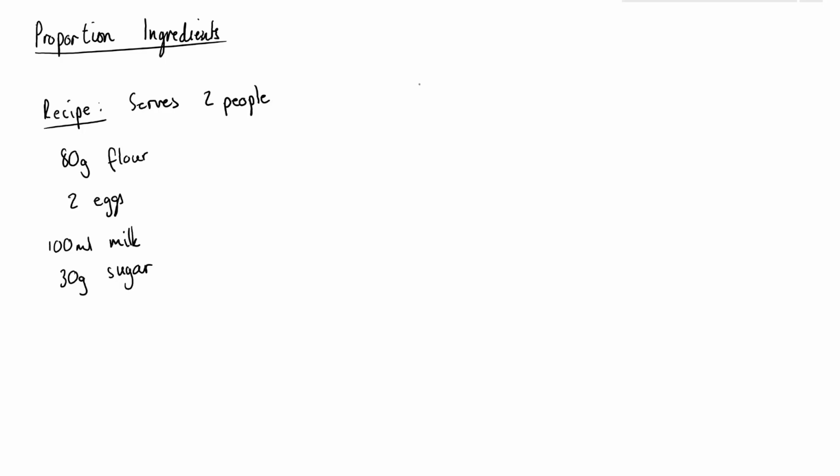What if we're at a party with 12 people, but we want to serve 12 people at this party? How do we change the amount of ingredients that we need in order to get from serving 2 people to serving 12 people? Well, originally what we have to do is see what would we have to do to the number 2 to get to 12.